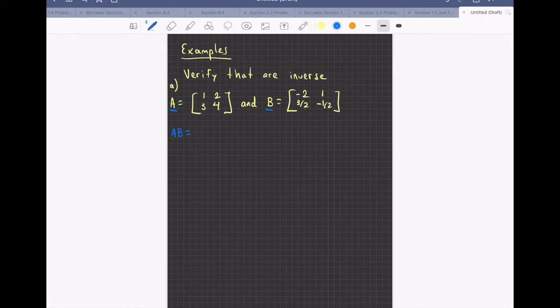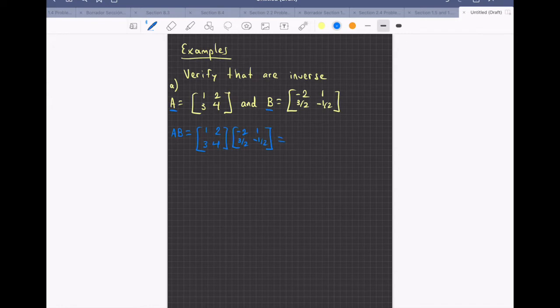A times B is equal to 1, 2, 3, 4. Remember, we're doing the multiplication of matrices. Go to the video in the section 1.5 and 1.6 if you haven't checked that, so you can know how to do the multiplication of two matrices. So we have -2, 1, 3 over 2, and -1/2.